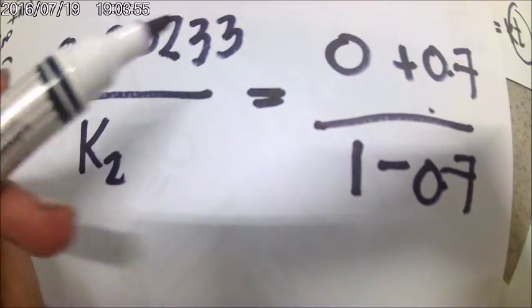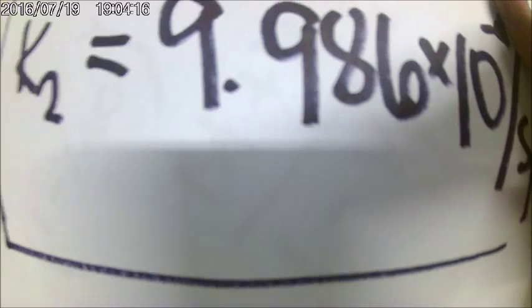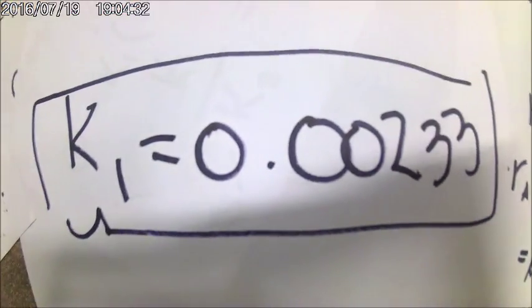So solving for this, we have a k2 value of 9.986 times 10 to the negative 4, and box it. And k1 was this one. So we already have the two values.